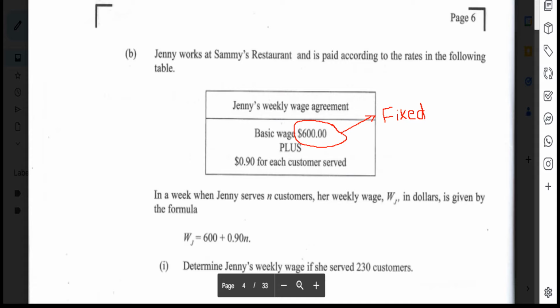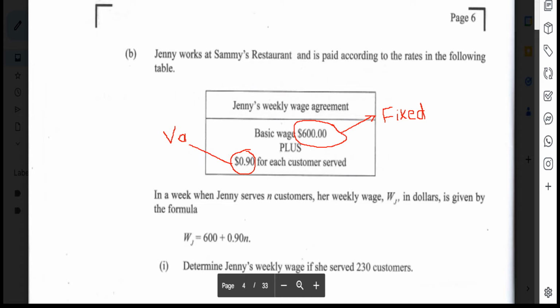This 90 cents here, we say that it varies according to the number of customers that she serves.